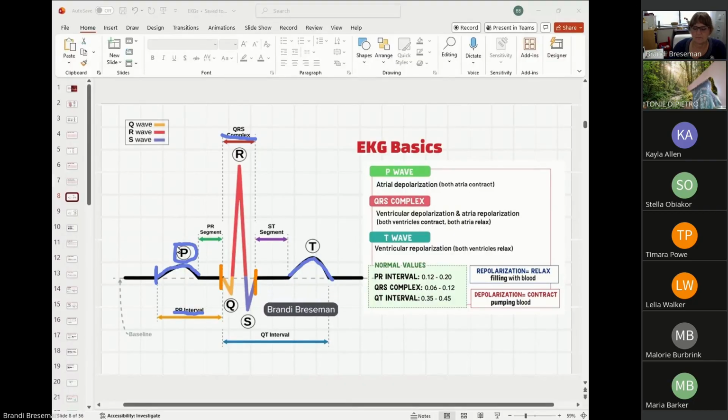So from the beginning of our Q to the end of our S is our QRS complex. Normal measurement for a QRS complex is 0.06 to 0.12 seconds.